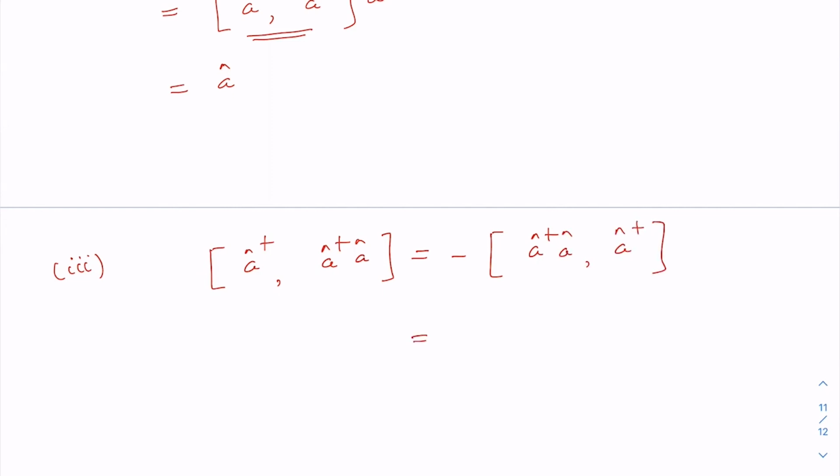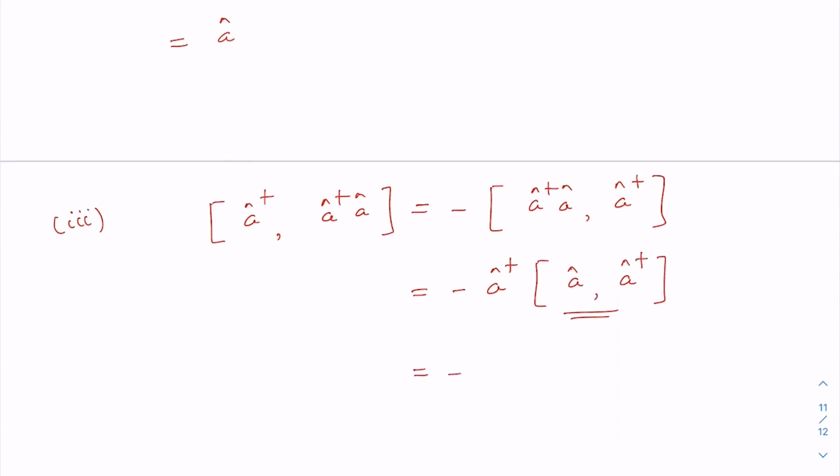This I can write as minus A dagger A A dagger, and I know that A A dagger is equal to 1, so I have here minus A dagger.